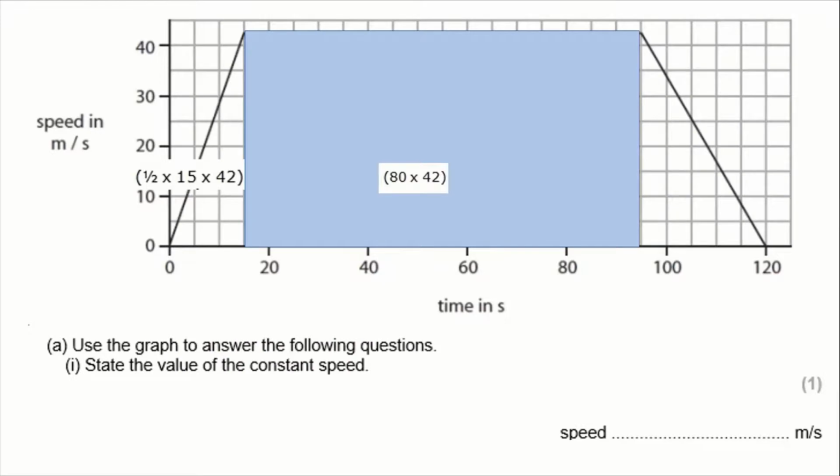And now I'm going to show you how we can calculate the distance traveled. As we know, distance traveled is equal to the area under the graph. So when we are calculating the area under the graph in this case, we can divide the area under the graph into 3 sections.